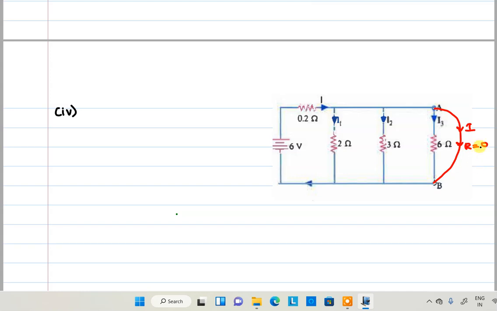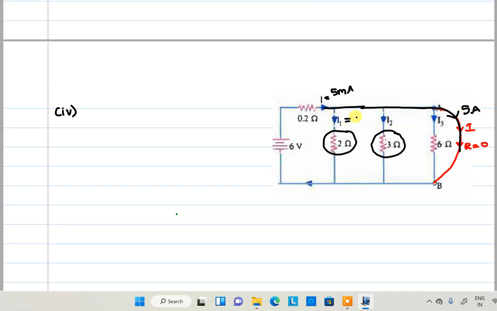If a 0 resistance is connected with the 3 ohm and 5 ohm, whatever the resistances may be, all those resistors are negligible, because current always flows through the lowest resistance path. 2 ohm is there, 3 ohm is there, but 0 ohm resistance is there. The entire 5 amperes flows in this particular direction.